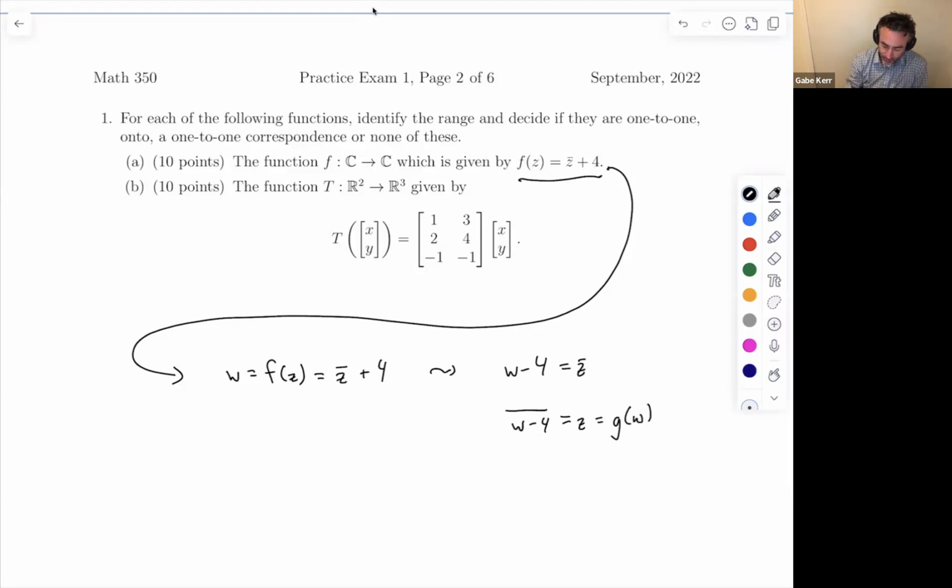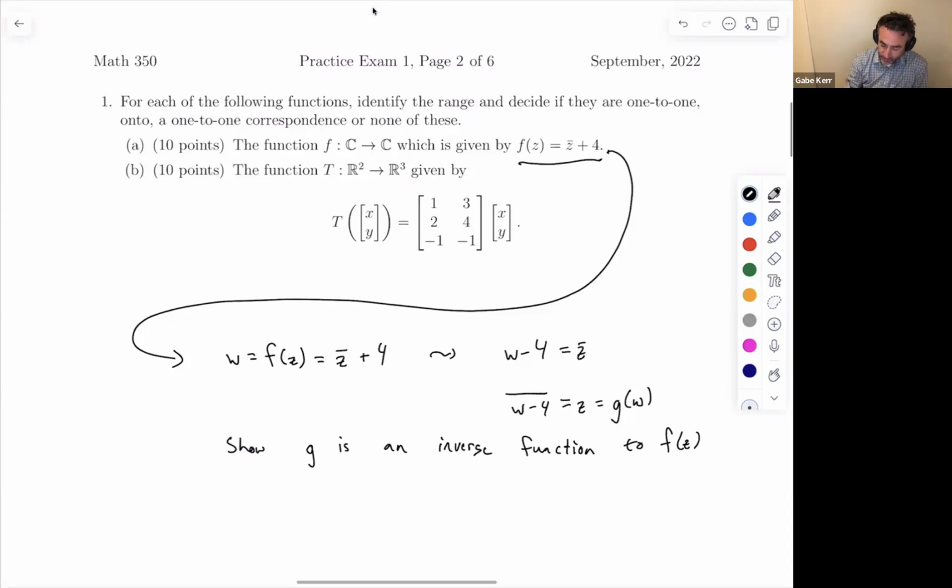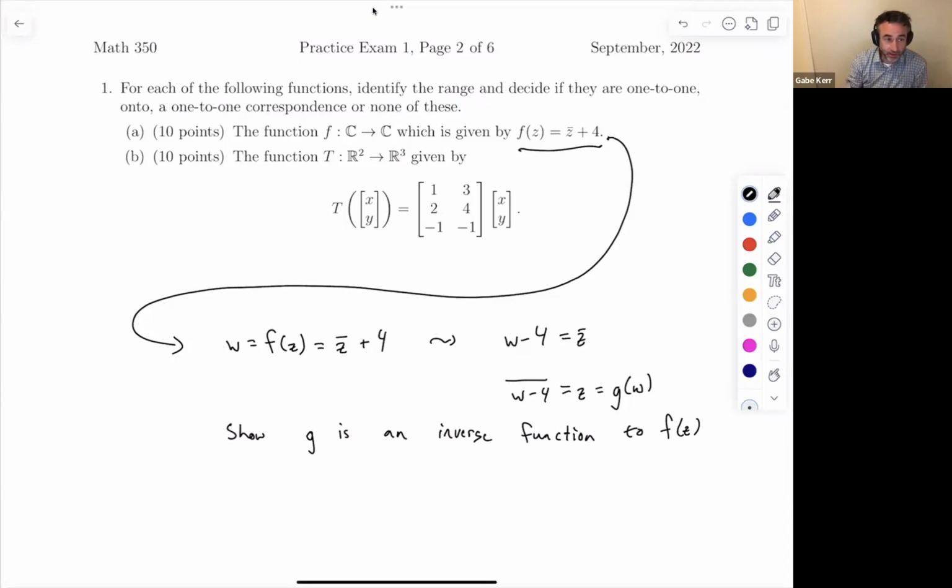So what I'm doing is solving for Z in terms of W. And so you can show that G is an inverse function of F. You can show that directly by composing and seeing that you get the identity function.